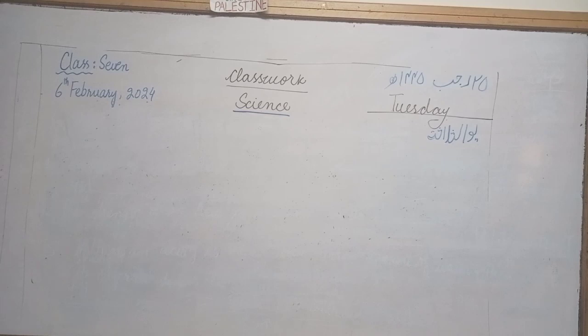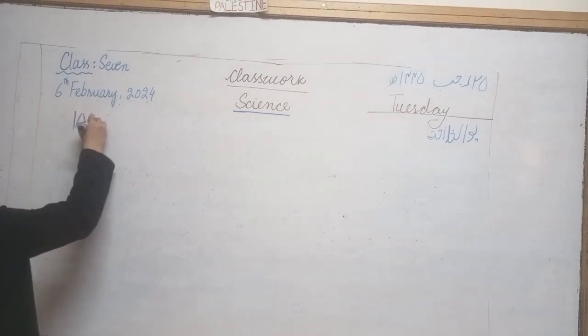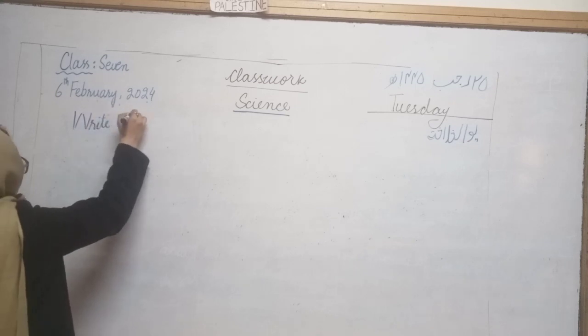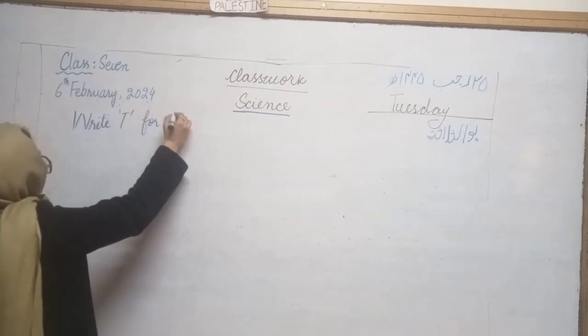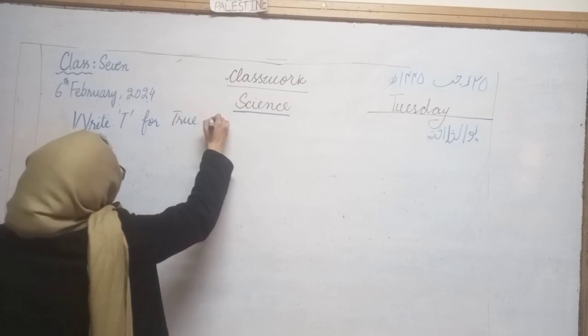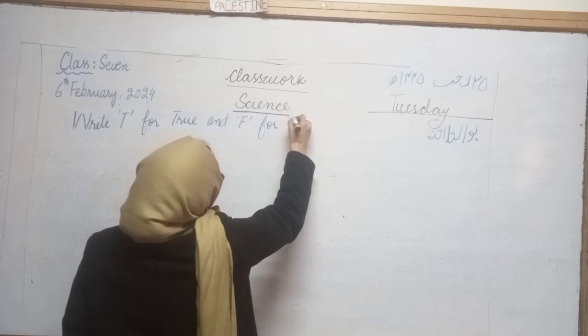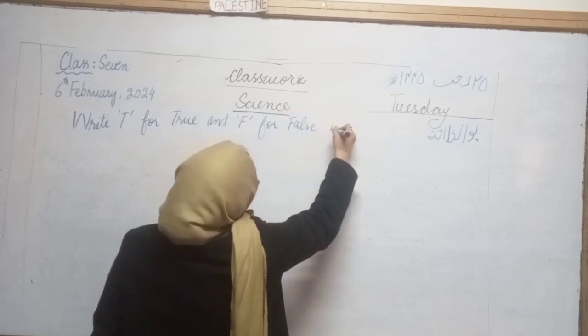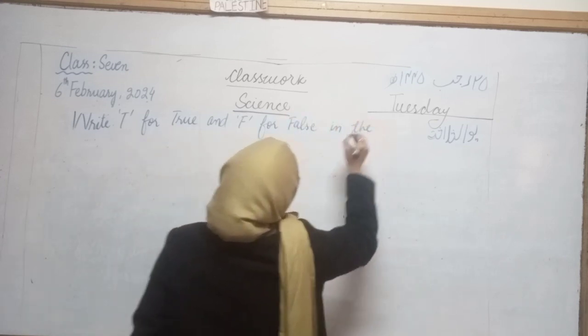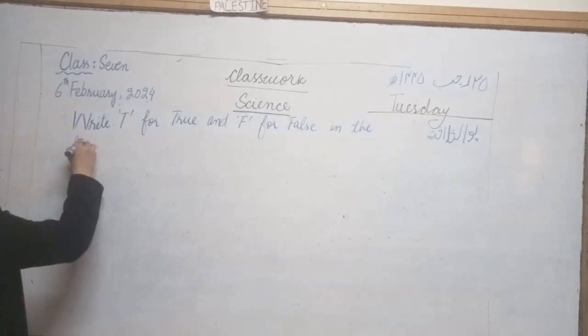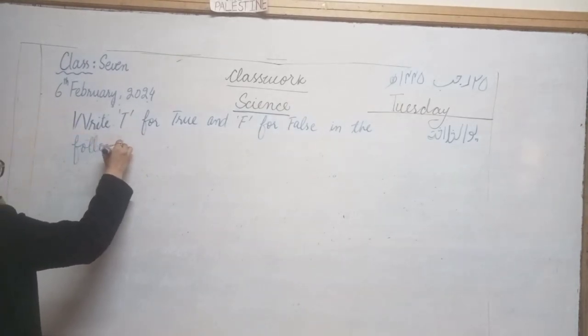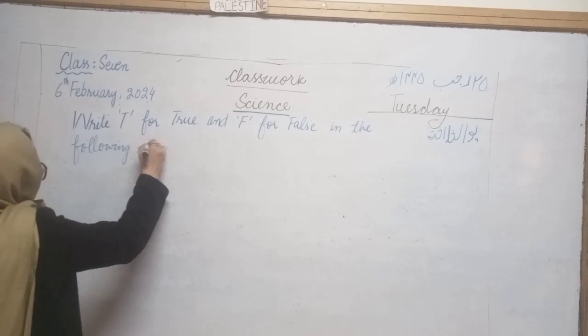We will review the second portion of objective type, that is true false. You will write T for true and F for false in the following statements.